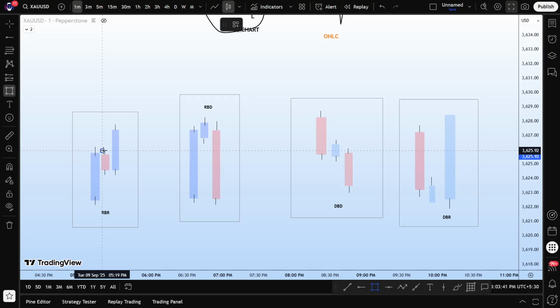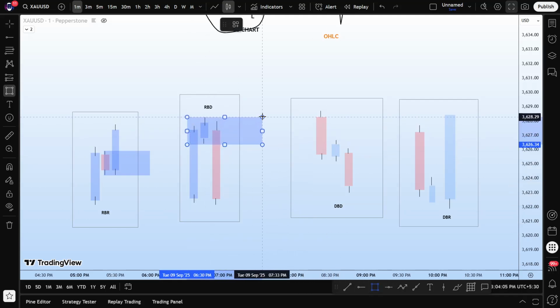All we are doing is forming a bullish engulfing buy in the case of rally, base, and a rally. Why? Because the high of this bearish candlestick has been engulfed with the body closure, forming an engulfing buy. And in this case, we have formed a bearish engulfing sell.